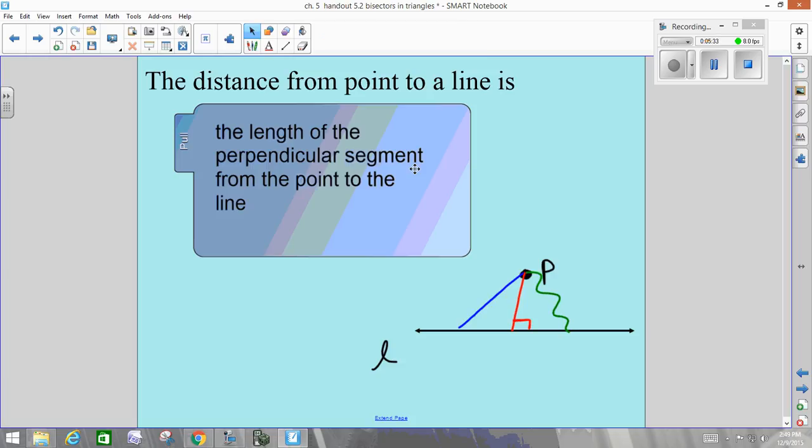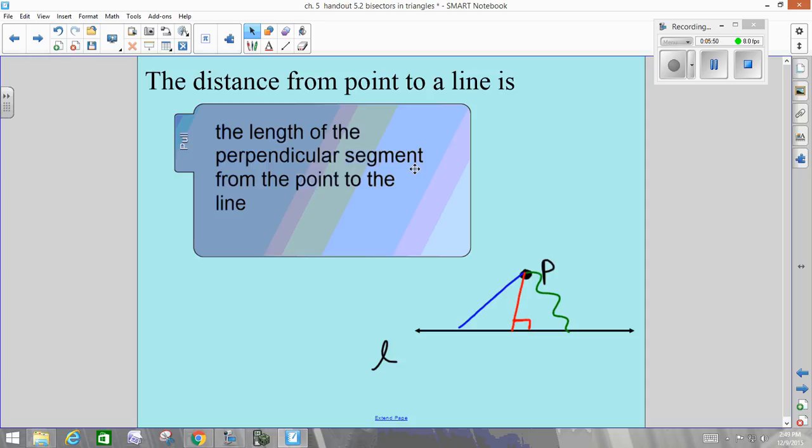Here's point P, and here's line L. P is not on line L. Which of my lines, the blue, the red, or the green, would you measure to know the distance from the point to the line? Which one would make the most sense?